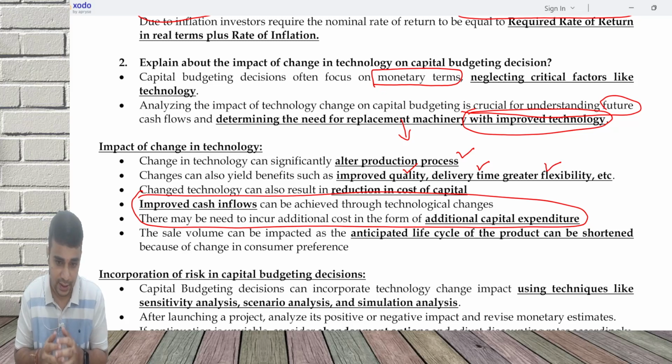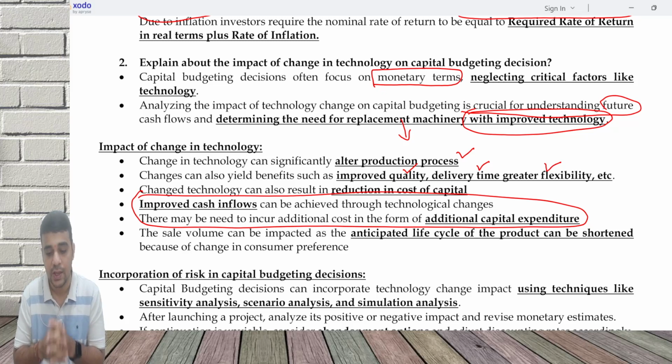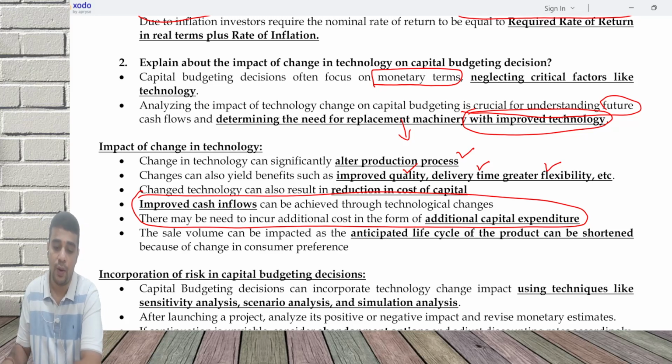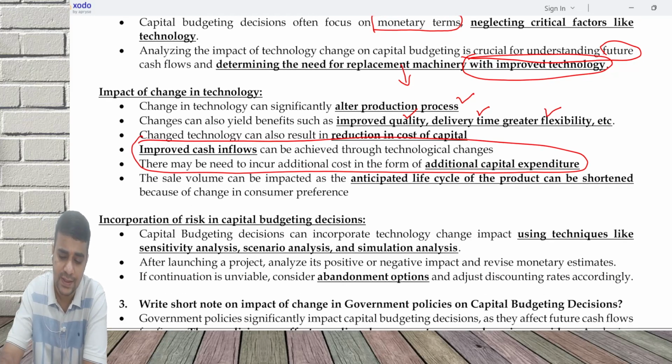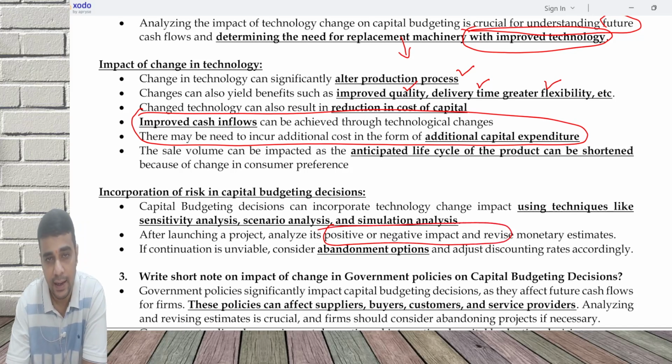Is there a need to alter my production process, or not only the production process, there could be a need to alter the machinery which is being used by the organization or the softwares which are being used by an organization. So an organization should always consider positive and the negative impact.